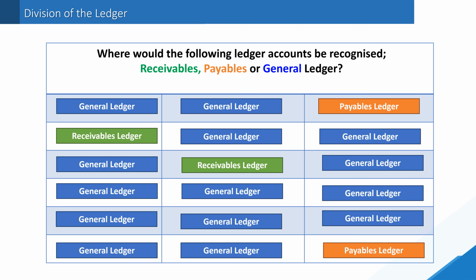The payables ledger records the individual payable accounts. And when we talk about receivables and payables, we're talking about credit customers and credit suppliers. All other accounts, assets, expense, income, liability accounts will be recognised in that general ledger.